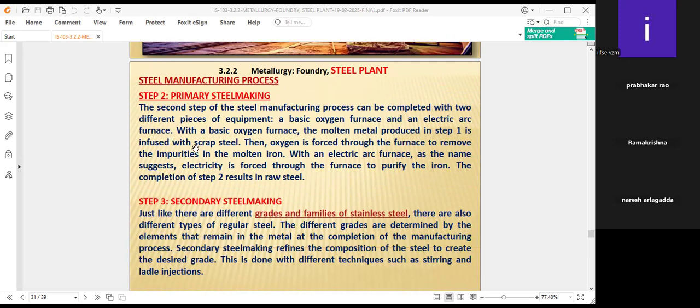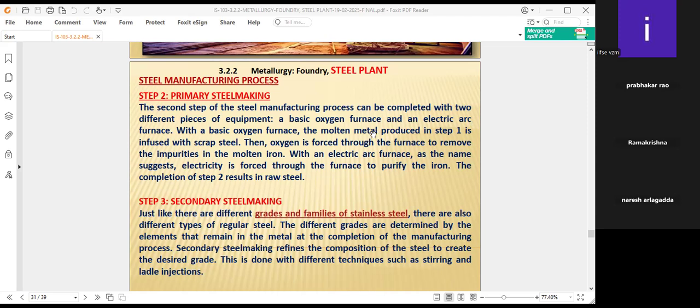Depending upon the financial availability, the nature of the ore, the material, and the product, whether it's channels, wires, beams, pipes, or rods, depending upon the equipment, they go for either the basic oxygen furnace or the electric arc furnace.